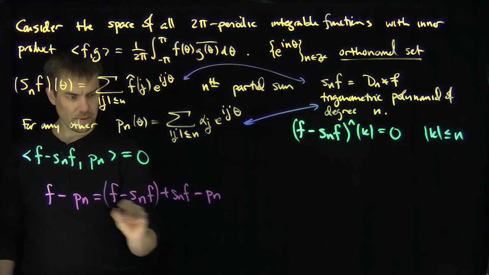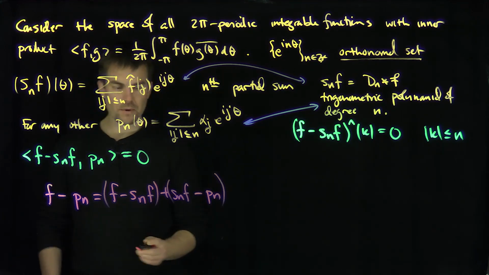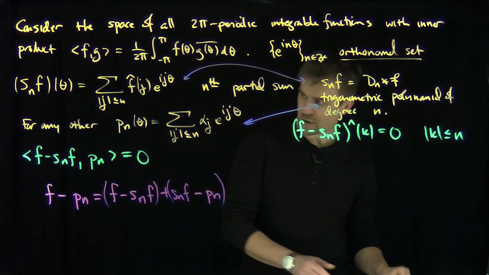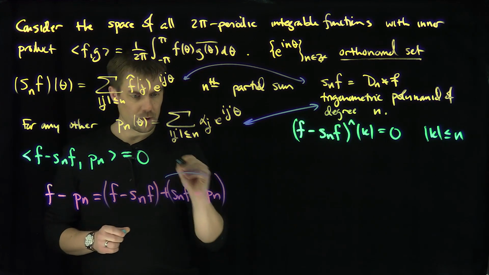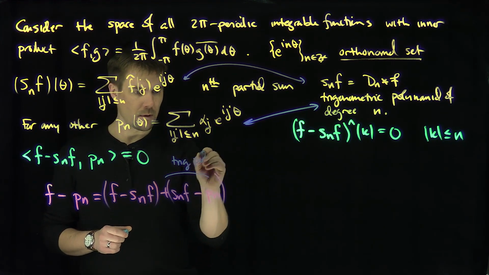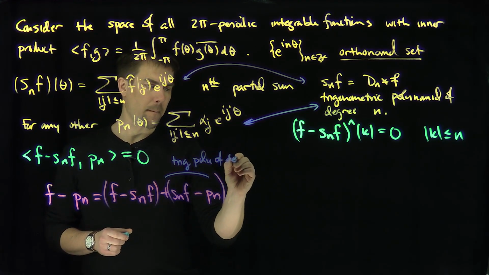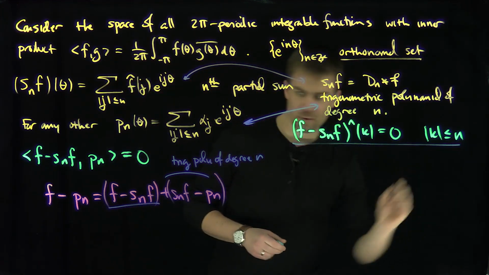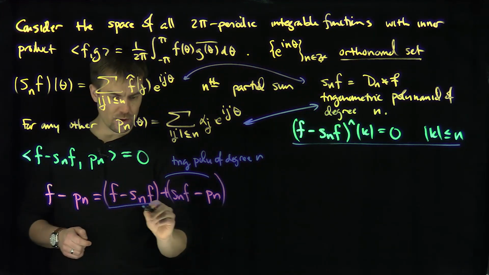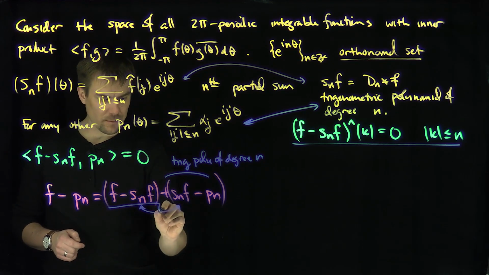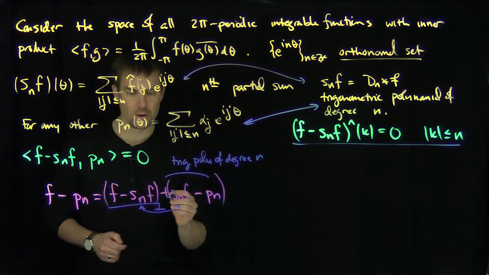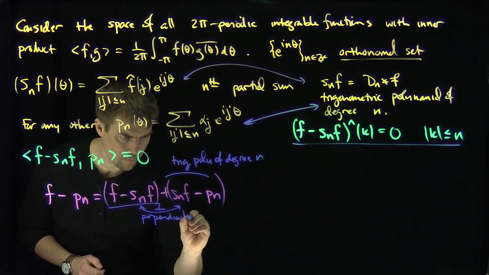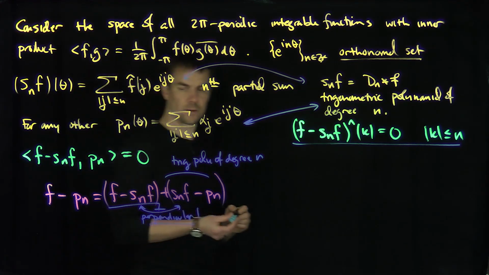That's just a trivial identity. But now what's the key over here? The key is that this second term over here is a trigonometric polynomial of degree n, and the first thing has no modes in between negative n and n, so these two things are perpendicular to each other. These two vectors, thinking of them as vectors in my inner product space, are perpendicular, or orthogonal, to each other, okay?